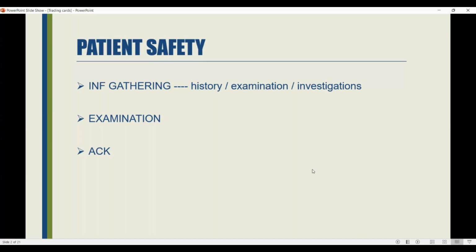Here, even in a lay examiner station, the benefit is that if the station is coming out of your comfort zone, you have not heard about it or haven't read about that station at all, but you communicate well with the patient and include all the patient safety points, and the lay examiner passes you for your communication skills, even if your applied clinical knowledge isn't the best and the clinical examiner doesn't like your way and fails you, you can still pass this station based upon the lay examiner's marks.